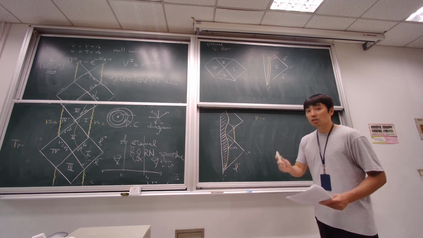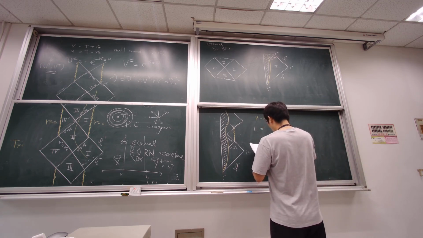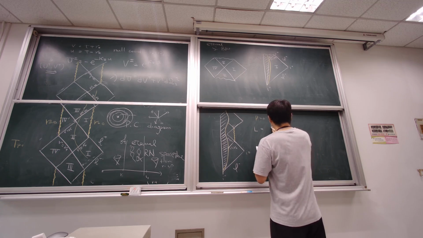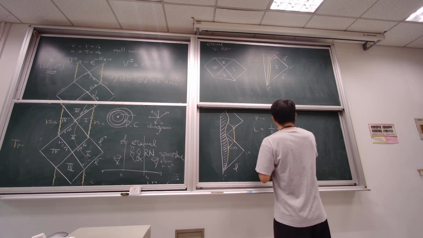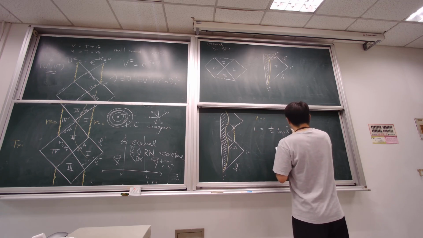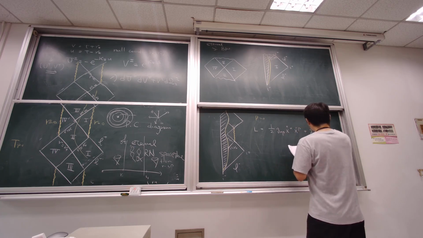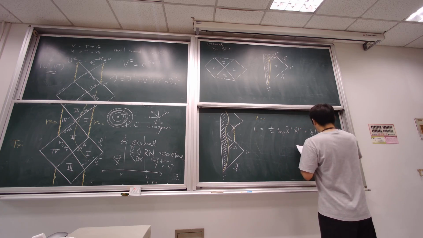So therefore, we have to solve the Lagrangian, which is as follows. In my lecture notes, the Lagrangian is something like g alpha beta x dot alpha x dot beta plus q times A alpha x dot alpha.